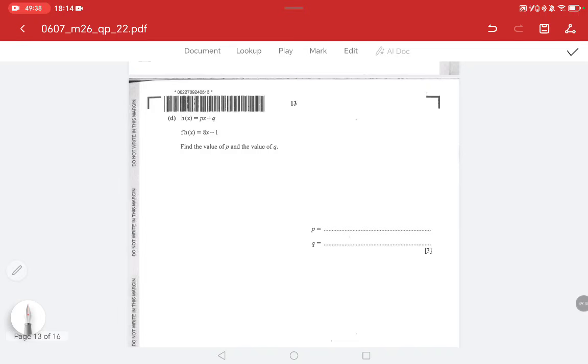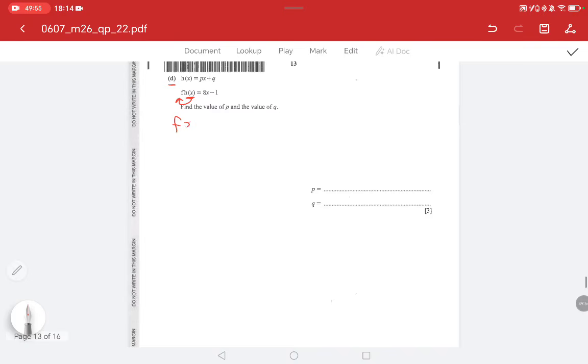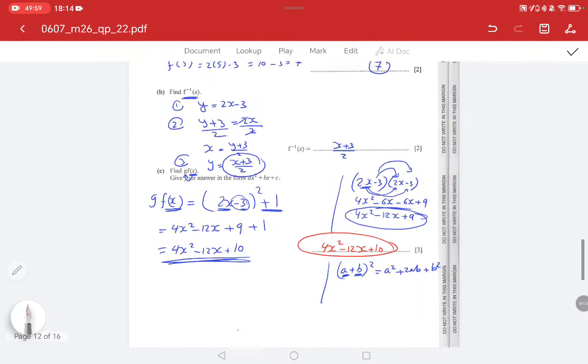Okay, question D. They said h of x equals px plus q. The same, they said h of x, we need to take h of x inside f. Let me write f of x again to know what it was. F of x here was 2x minus 3.